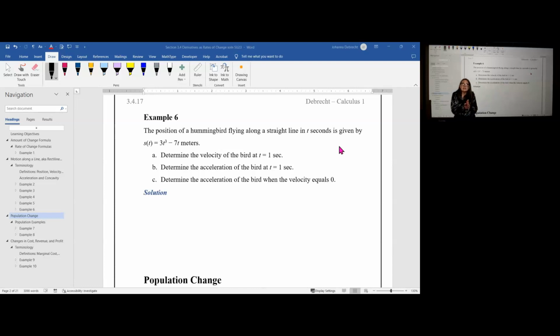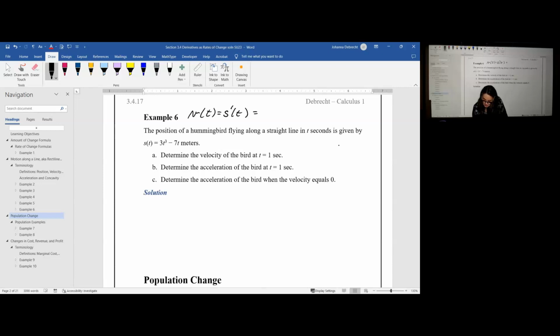Remember, unless it's an extended time interval where the velocity is 0, the acceleration may not be 0 just because the velocity is. Let's write down our velocity and acceleration functions. V of t is equal to the derivative of position.